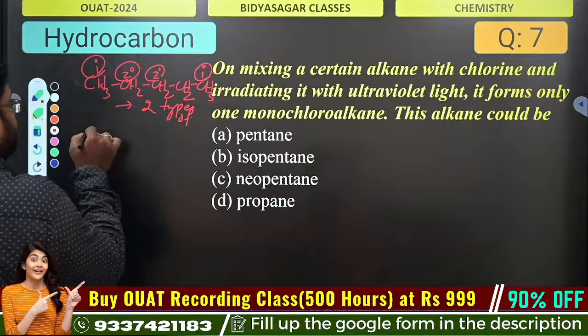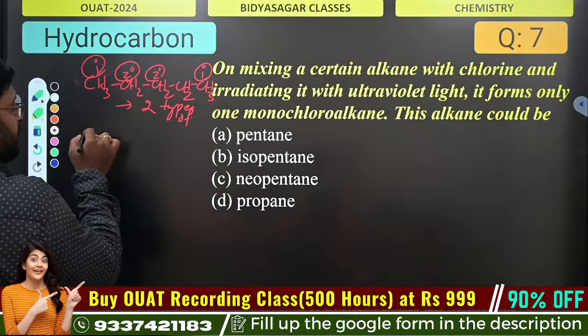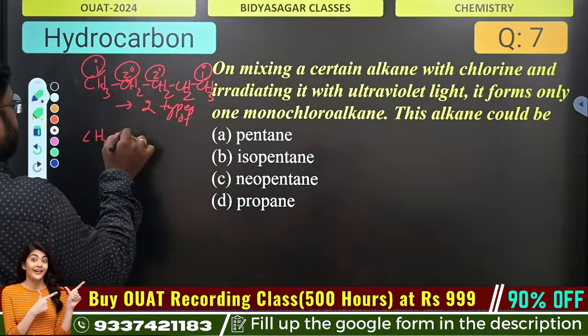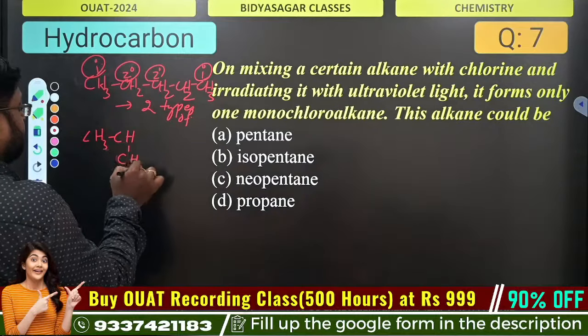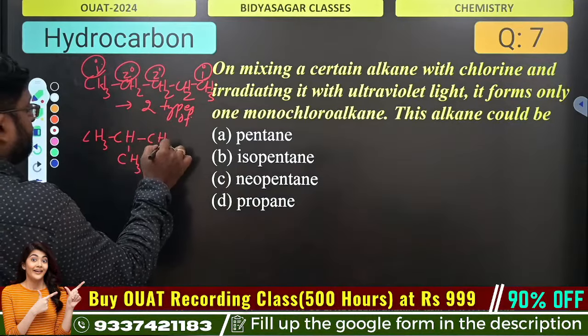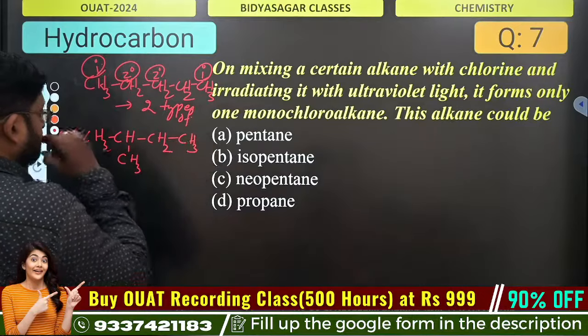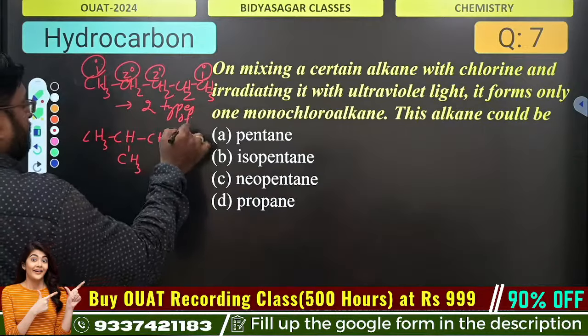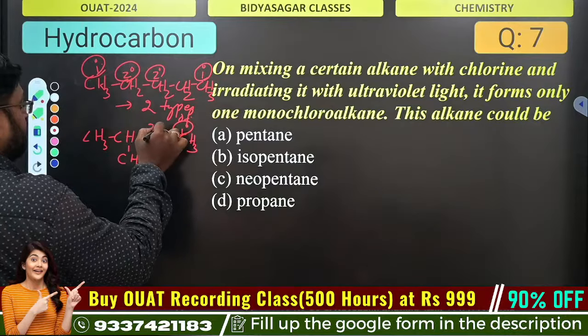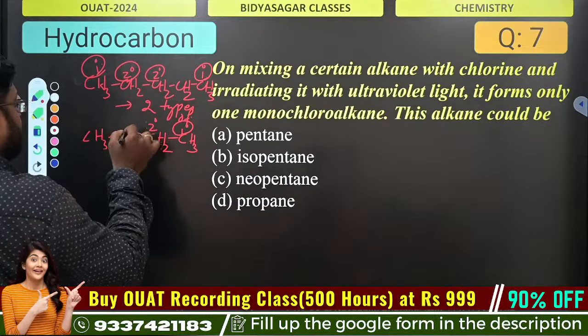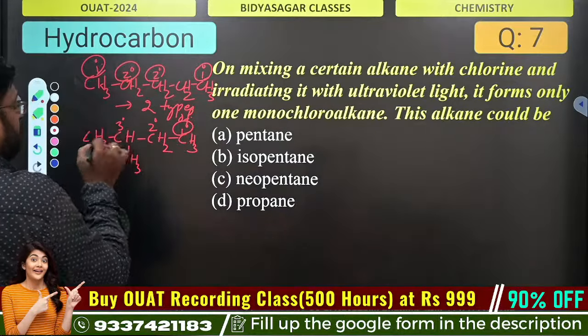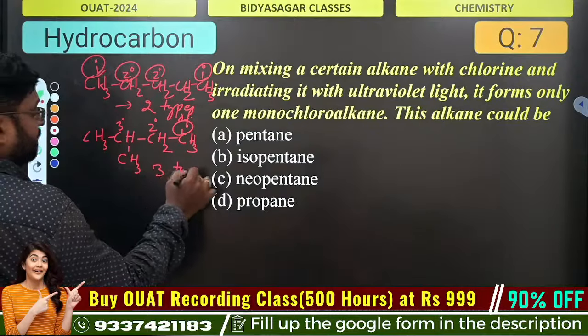In case of isopentane, here it is 1 degree, it is 2 degree and this is 3 degree. So it will give you three types.